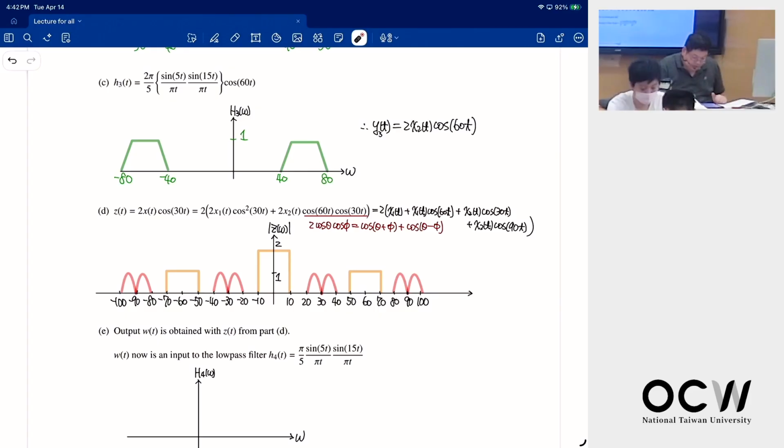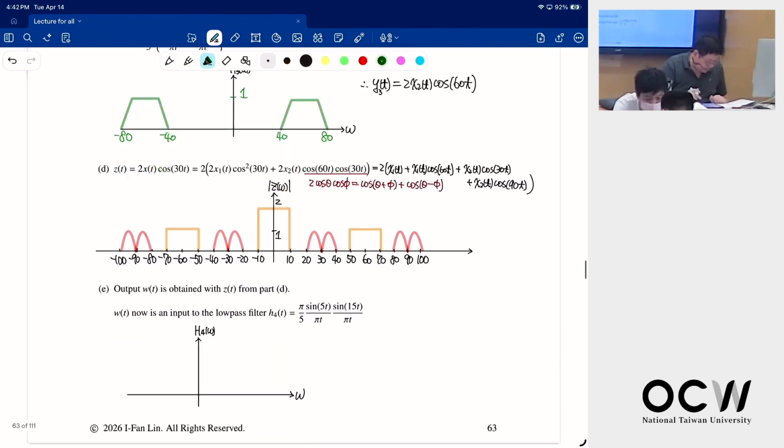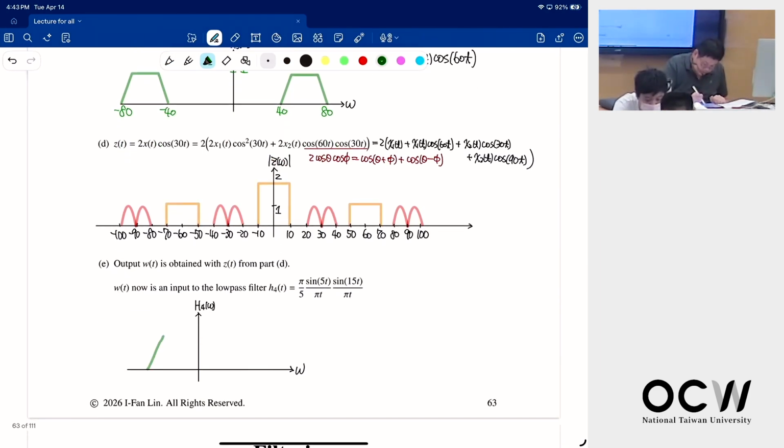When this is a low pass filter, we can plot this trapezoid. So for the low pass filter, this is minus 20, 20, magnitude 1.